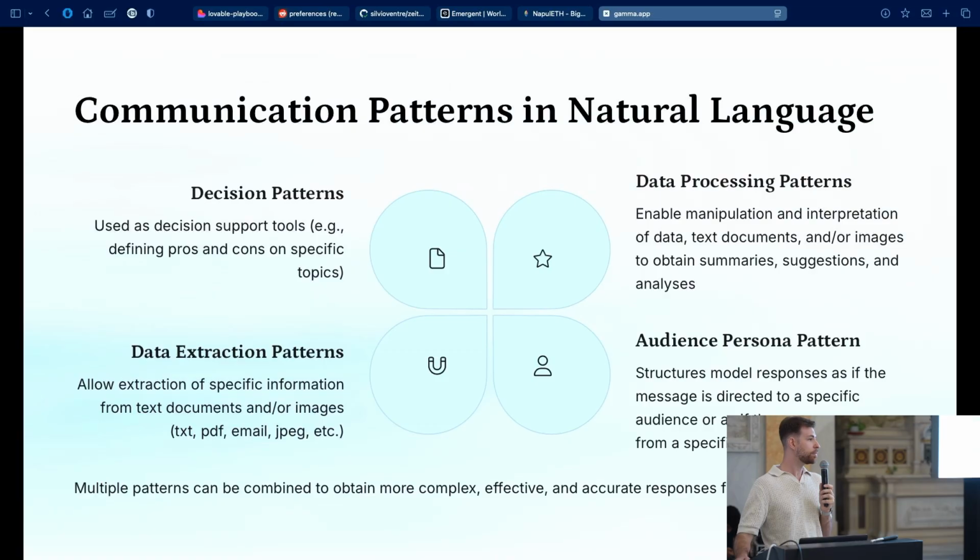Another one is data extraction. So for the same formats, for example, spreadsheets, PDFs, every kind, even a JPEG, so images, you can extract information, basically just by asking the LLM.